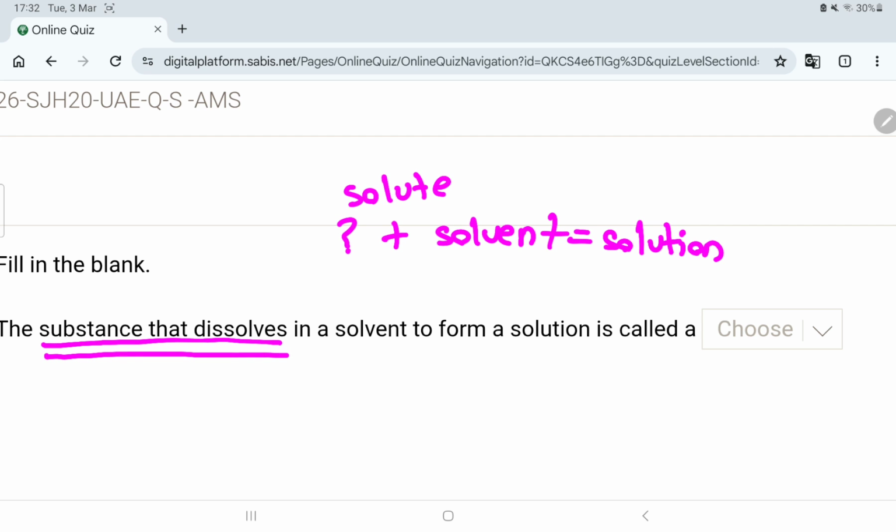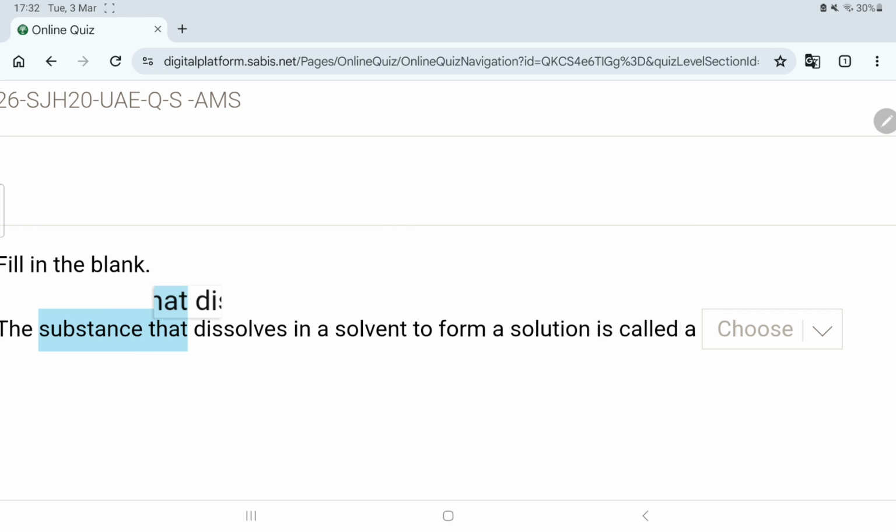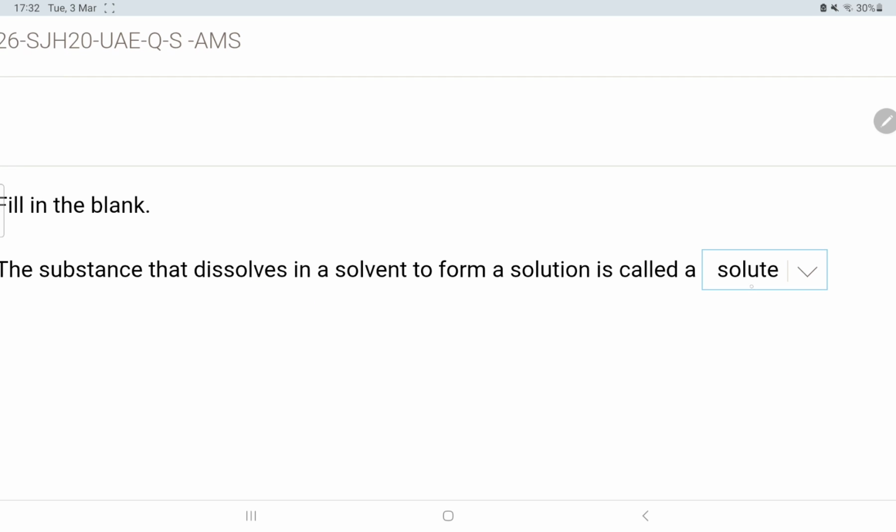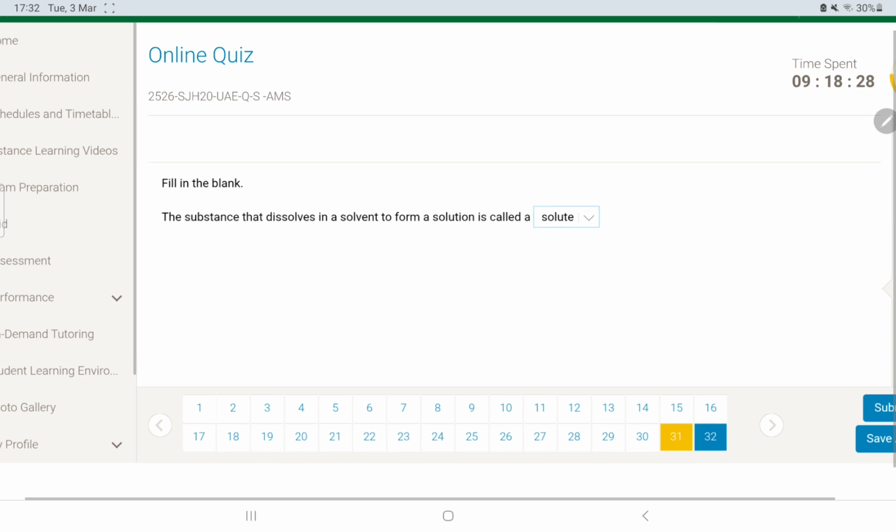And once again, the solute is the one that dissolves. Okay? So, what is the substance that dissolves? It is the solute. Guys, don't put solvent, because does a solvent dissolve in a solvent? No. Okay?